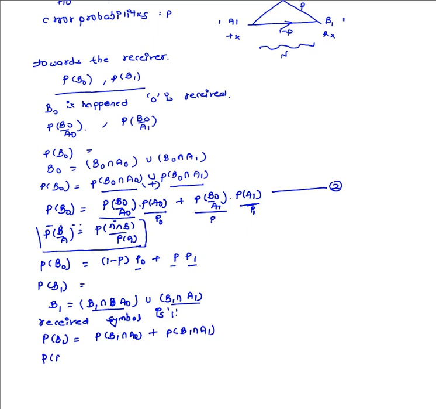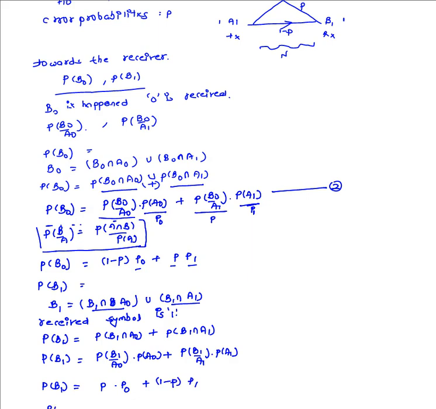Similarly, by expressing the joint probabilities in terms of conditional probabilities, we can write it like this. And we have already obtained the expressions for P of b1 divided by a naught. This is the error probability given by p, and P of a naught is P naught, and P of b1 divided by a1 is the correct probability, that is 1 minus p, and P of a1 is simply P1.